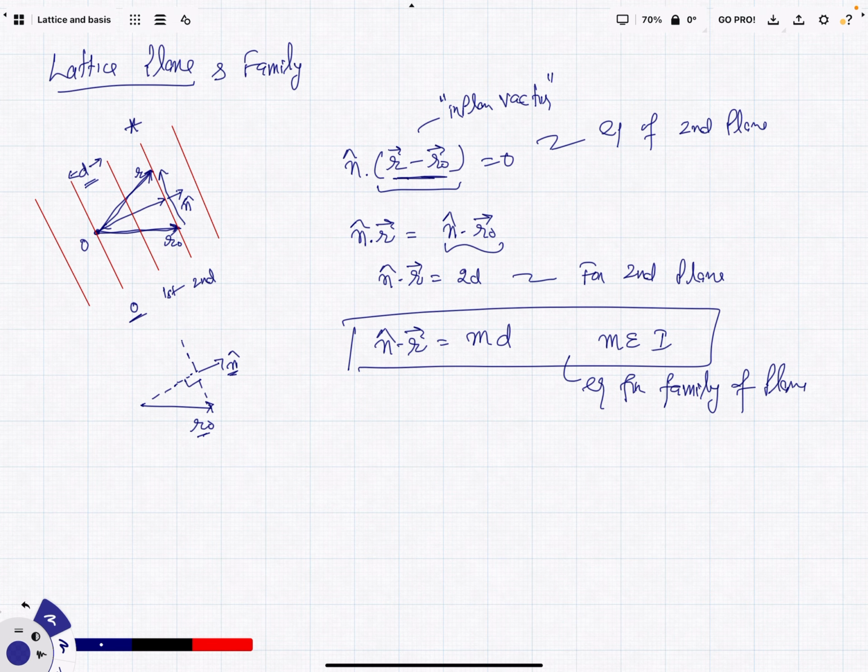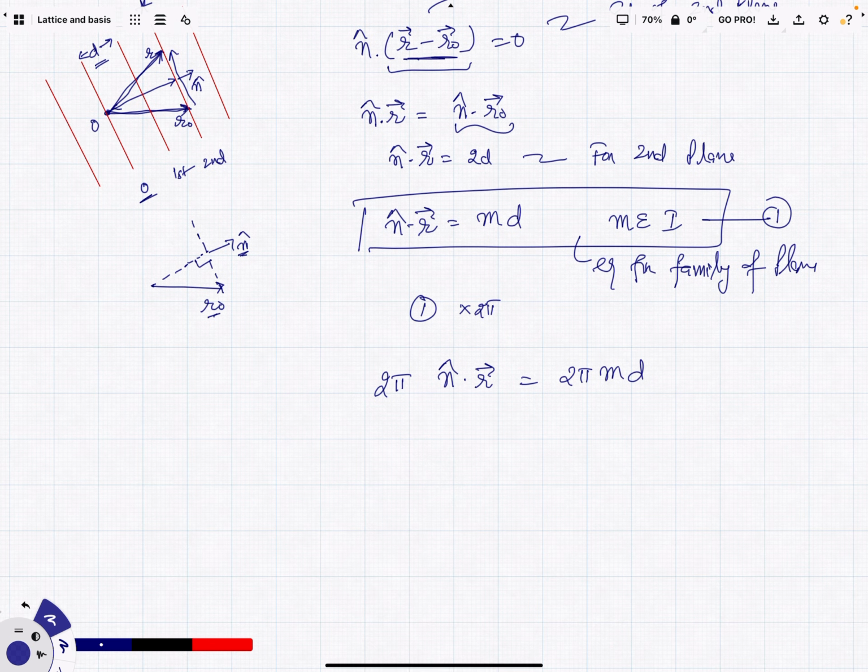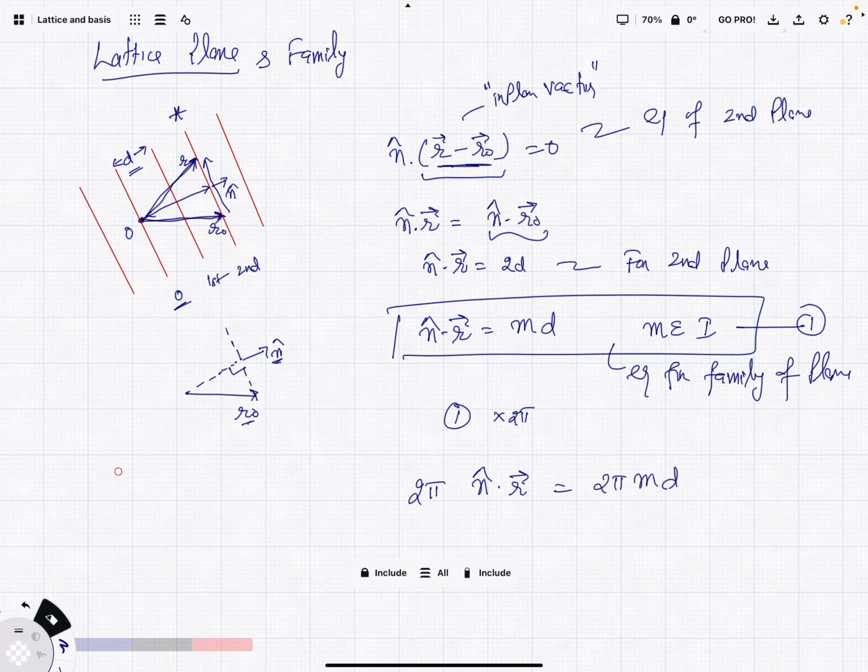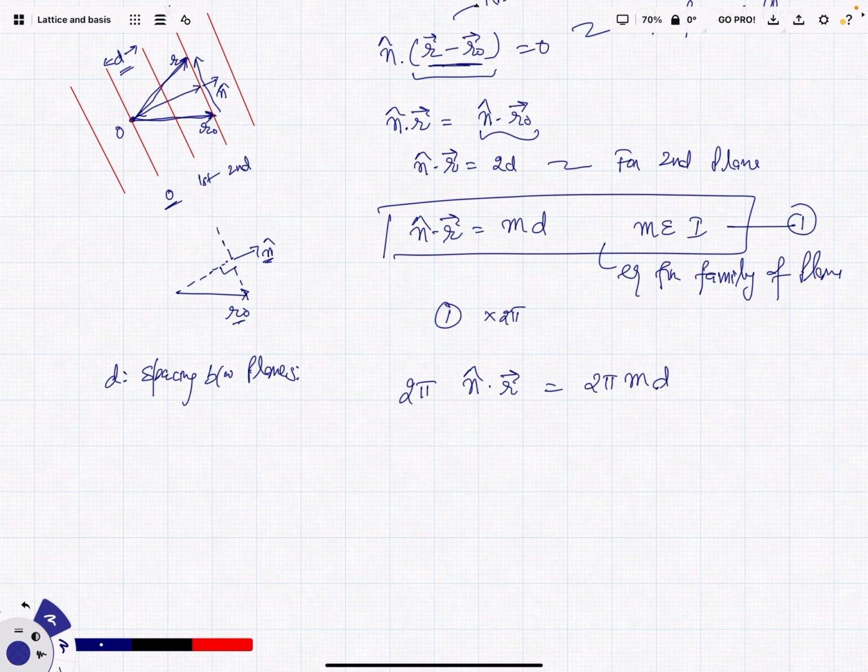Now what I can do, I can multiply both sides of this equation by 2 pi. Why am I doing it? Because I just like 2 pi too much. So 2 pi m into d, and this d is the spacing between the planes, right?